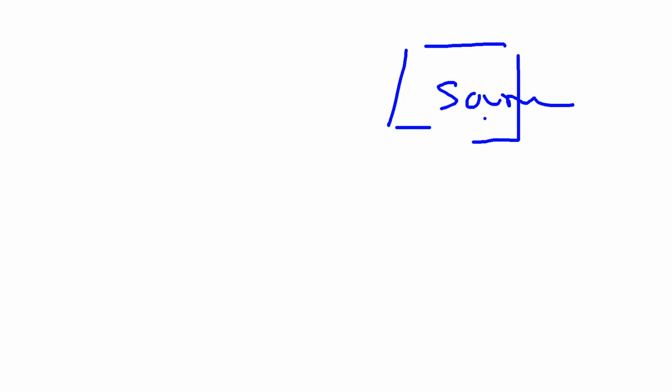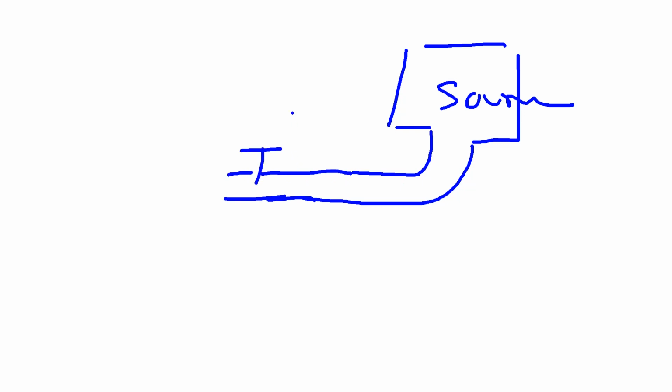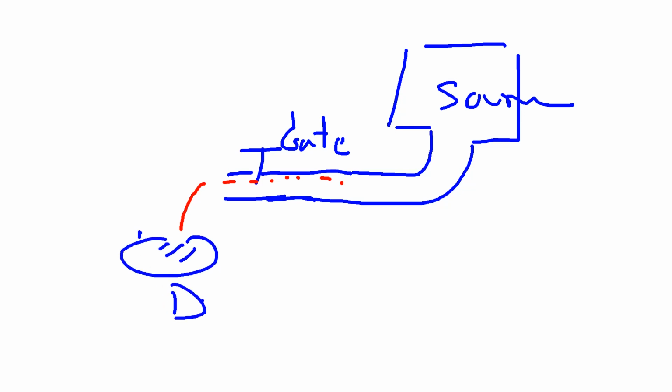It's like a source, maybe something like a water tank, and the water flows in this pipe, and there's some gate to control the amount of water that can flow to the drain.